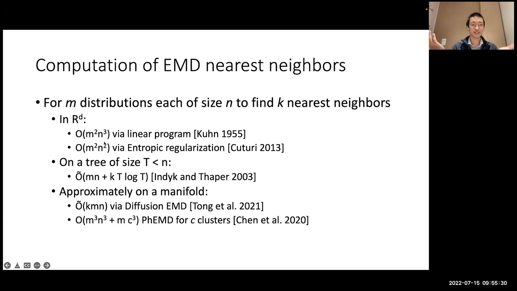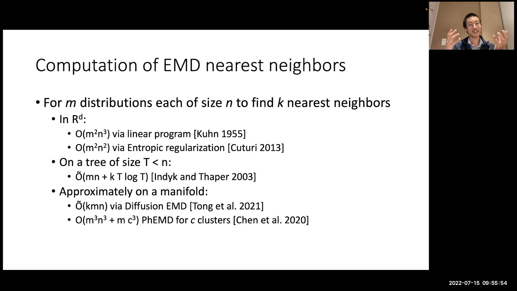You have a cost matrix of size n squared, and you're multiplying it back and forth to get the correct marginals. But it still has this cost of m squared. If you have a lot of distributions, then you need to scan through each one to find my k nearest neighbors. So just for a single point, I need to scan through m distributions and compute the optimal transport to all of them to find the minimum.